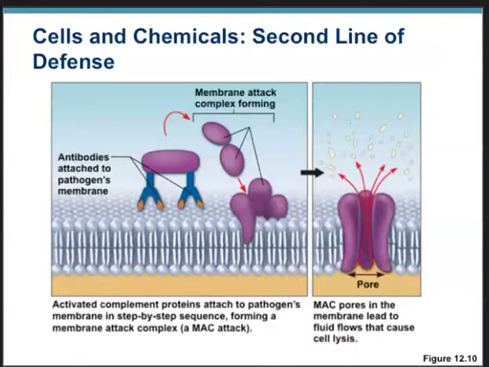Complement, as we touched on earlier, is a group of at least 20 plasma proteins that are activated when they encounter and attach to alien cells, either those that are infected or those that come from outside into the body in an attempt to produce disease.